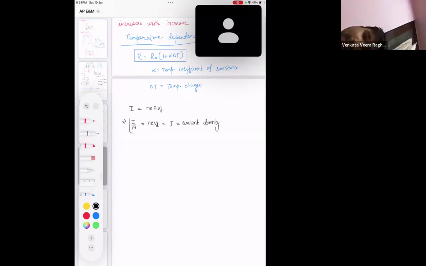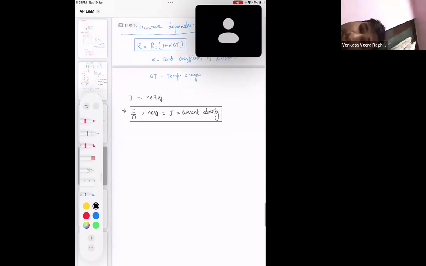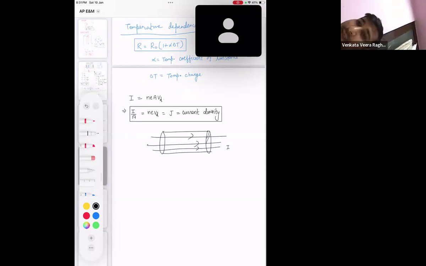Current density means the current flowing through any cross-section area. If I have a conductor and some current I is flowing through it, the current divided by the area of cross section through which it flows is called the current density, J.